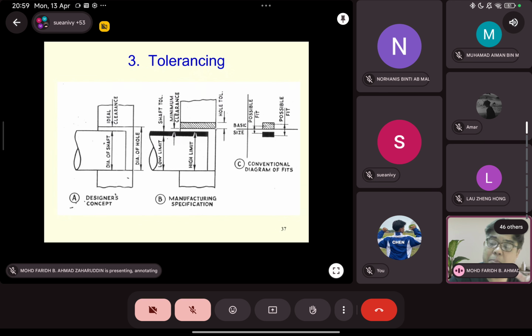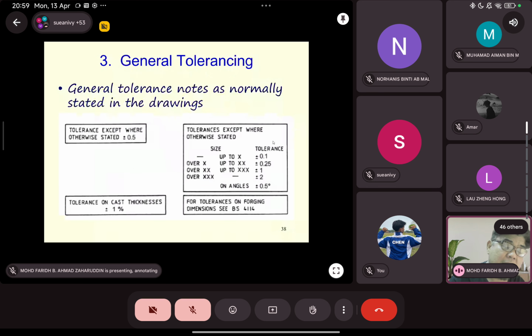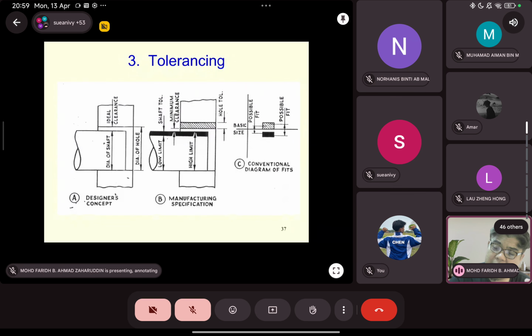On the right side, the conventional diagram of fits just shows some portion of the tolerance being cut and put into this. Later, you will see a table in a similar format. This is only a sketch to show how they apply in the table. This is the basic size, which means 0. This is the acceptable range for the tolerance for the holes, and below in black is the acceptable tolerance range for the shaft.